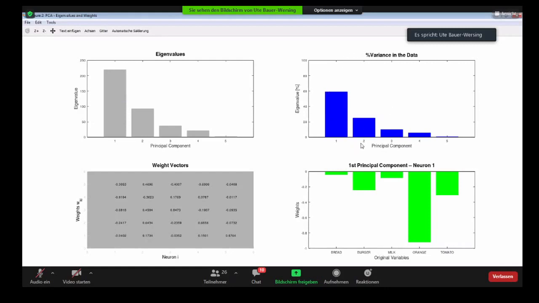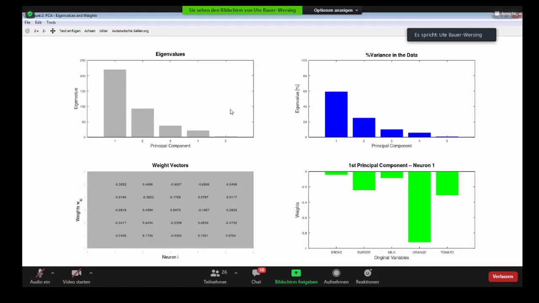We can normalize these eigenvalues. We can say, okay, the first dimension of this PCA space contains 60% of the variance in the data. The second component contains a bit more than 20%, and the third component goes down to 10%, and the fourth and fifth components contribute below 10% of the variance, right?